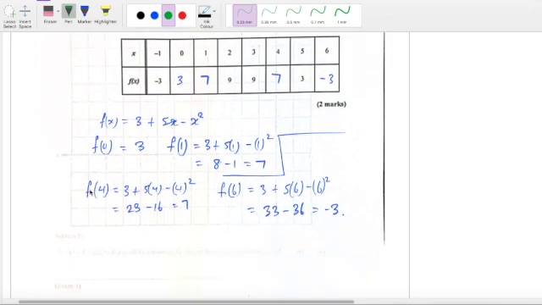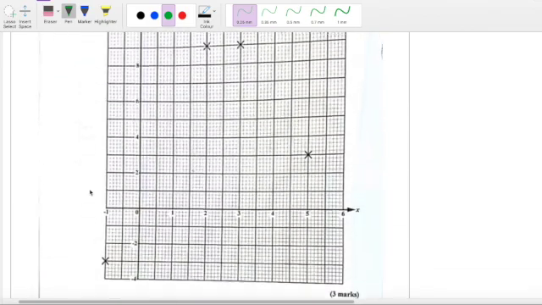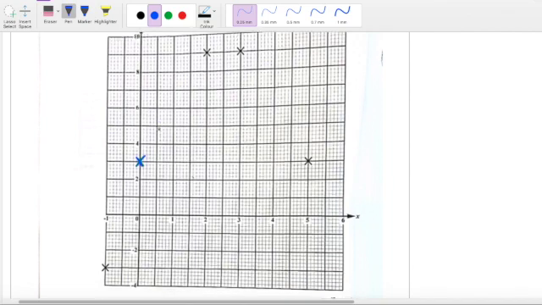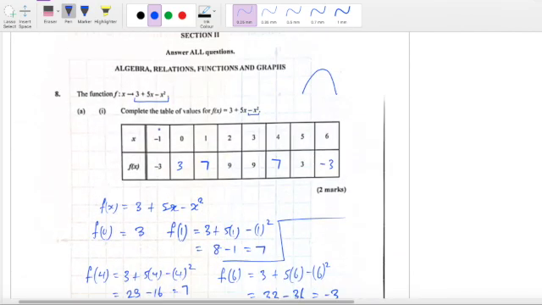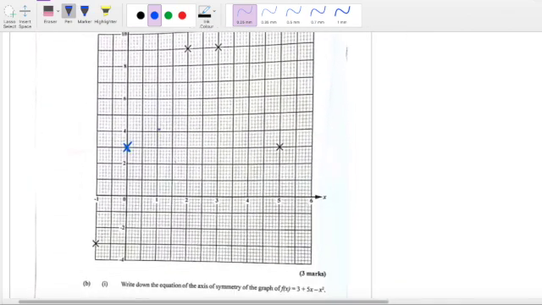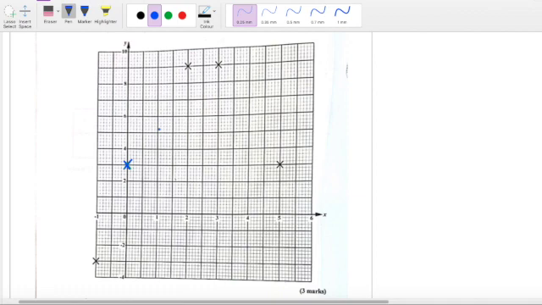So when x is 0, y is 3. I'll use this blue. When x is 1, f of x is 7, so we have that.